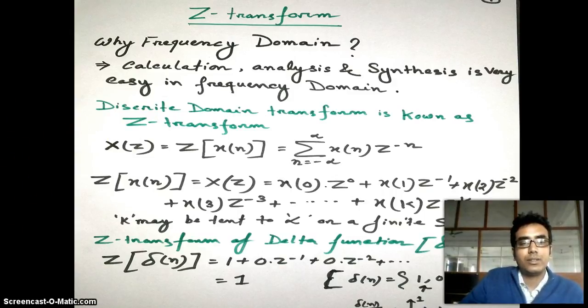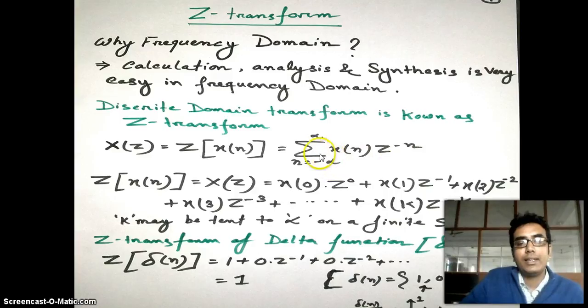Here is the definition of a Z transform. Suppose x[n] is the discrete signal and you have to find the Z transform of x[n]. It is denoted as X(z) equal to the sum from n equal to minus infinity to infinity of x[n] z to the power minus n.